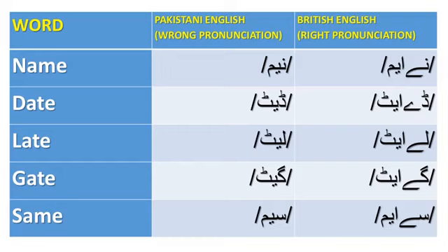In this table, in the first column, the words have been given. In the second column, Pakistani English, which I call wrong pronunciation, is given. And in the third column, British English, the right, correct pronunciation, has been given.